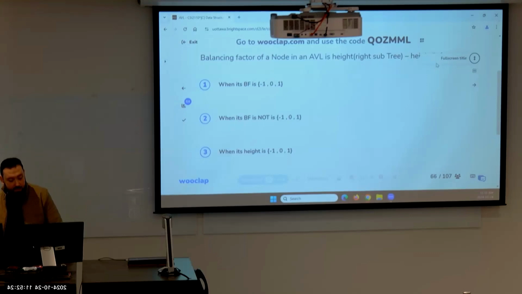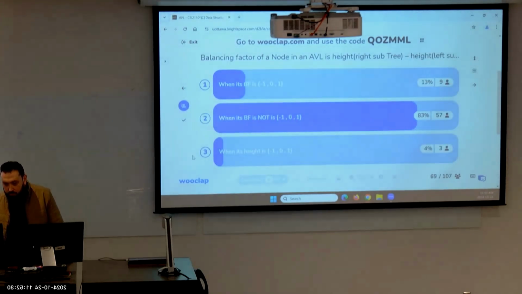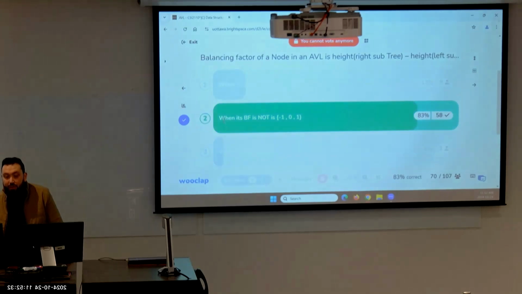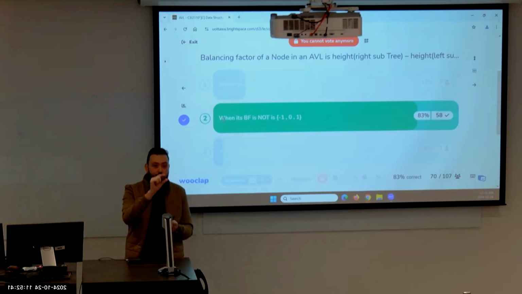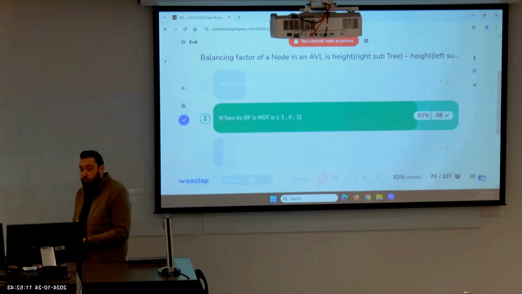Which one did we explain last time? Exactly. So we look at the balancing factor to figure out if it's balanced or not, not the height. But to calculate the balancing factor, we need the height. That's why we're putting the height next to each node.